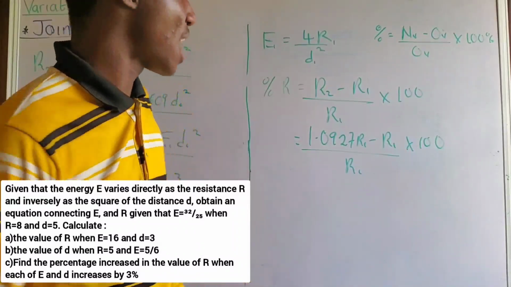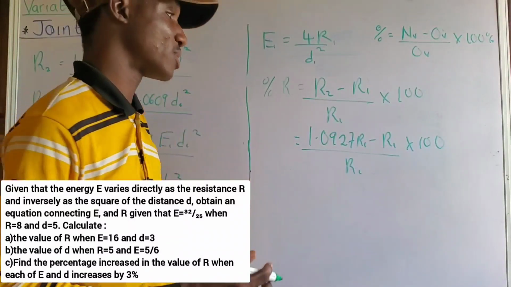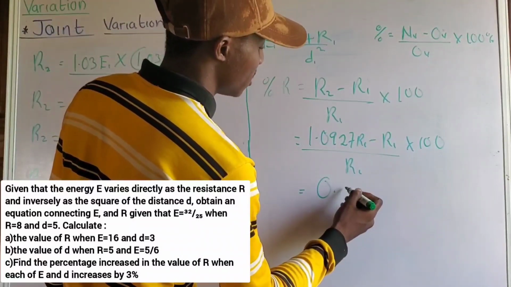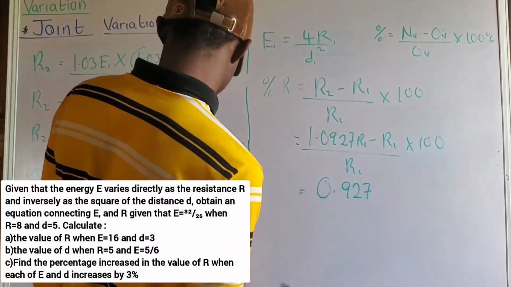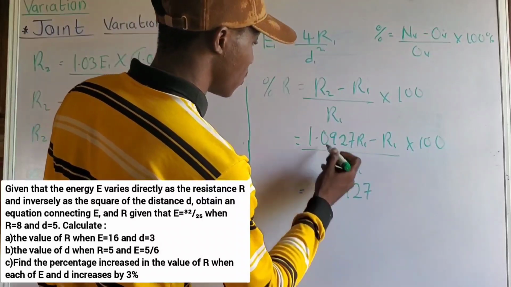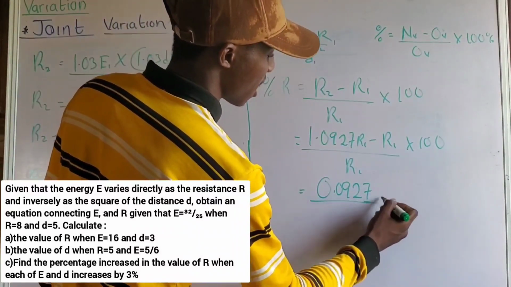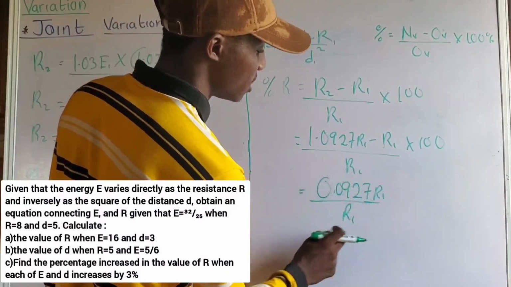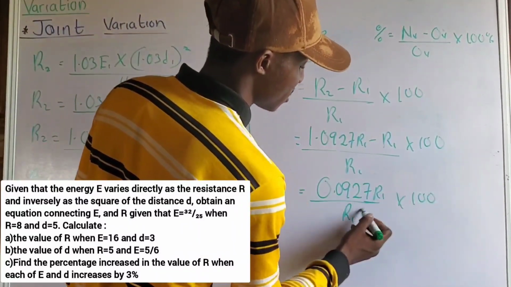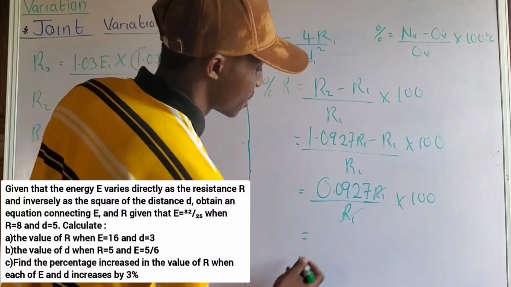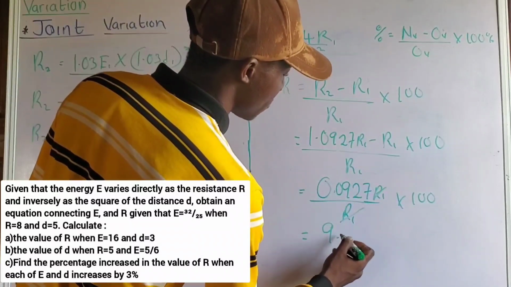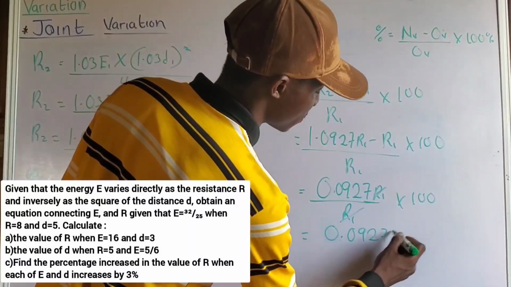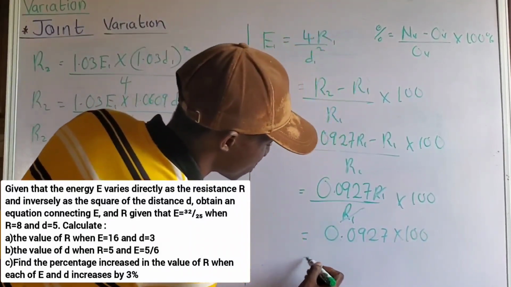So I'm going to have this minus this, which is 0.0927 r1 all over r1, multiplied by 100. This r1 will cancel this r1. So I'm going to have 0.0927 times 100, right?